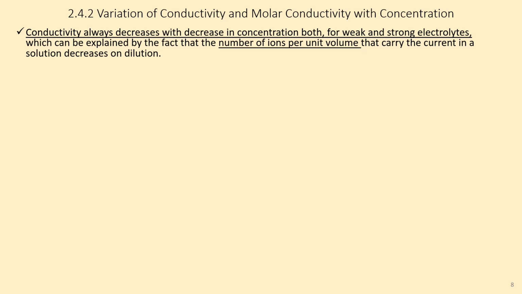So I will repeat this. The conductivity always decreases with decrease in concentration both for the weak as well as strong electrolytes, which can be explained by the fact that the number of ions per unit volume which carry the current in a solution decreases. The number of ions decreases on dilution.